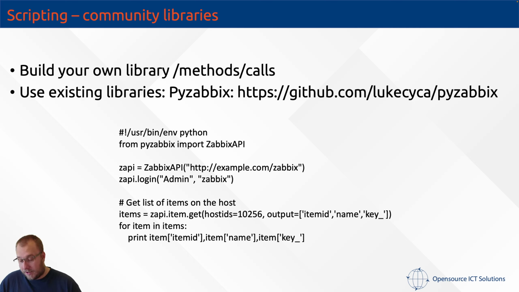Since we are building these things for customer environments, I cannot rely on a community library. So I'm building all my methods and calls myself. And yeah, that takes a bit more time typically. But at the same time, we can always guarantee that it works. Or if it stops working, we can quickly fix it. Nevertheless, it's really up to you which one you prefer to use. I mean, the Zabbix library is really decent.